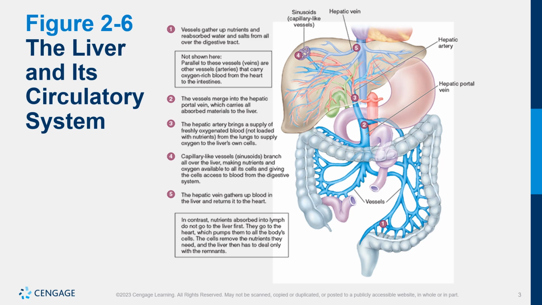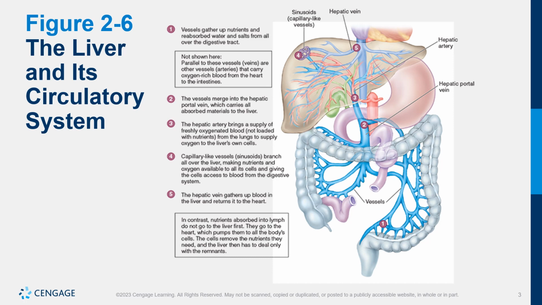The tiny blood vessels in the liver are called the sinusoids, and those nutrients get delivered to all of these tiny blood vessels in the liver itself. The liver is responsible for converting these nutrients into the forms that may be needed by the rest of the body. The liver also takes these nutrients and stores them as well for later use.